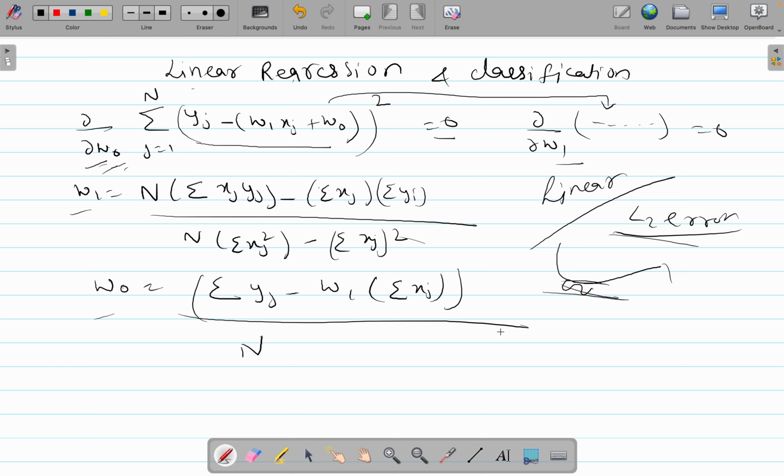Finding a local minimum in a linear solution is, I will not say impossible, but you can never find a local minimum. It's always convex. So that's my video on linear regression and classification, which is basically just the formula.